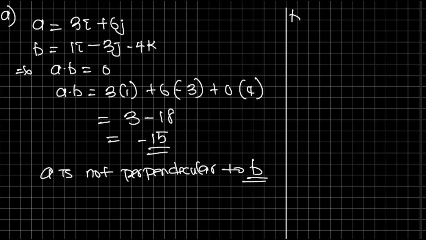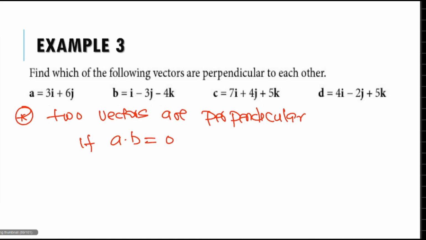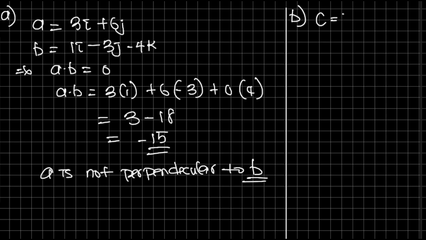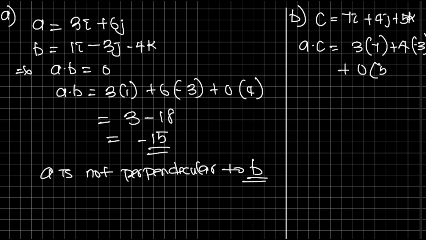A dot C will be 3 times 7 plus 4 times minus 3, plus 0 times 5, which is going to be 21 minus 12, and that is 9.